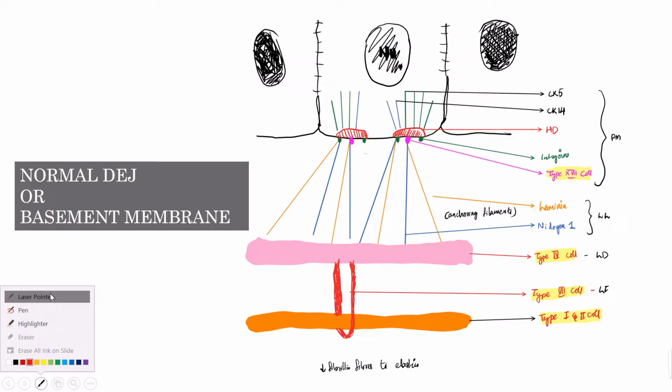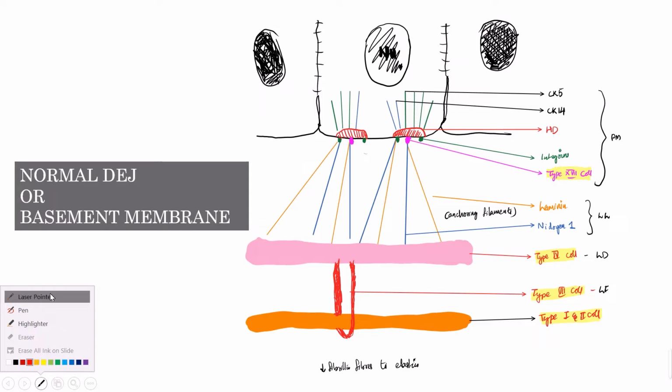So on the underside of the hemidesmosomes we can find three other molecules, two molecules of integrins and one molecule of type 17 collagen. So this type 17 collagen and hemidesmosomes play a major role in binding this keratinocyte to the underlying collagens.